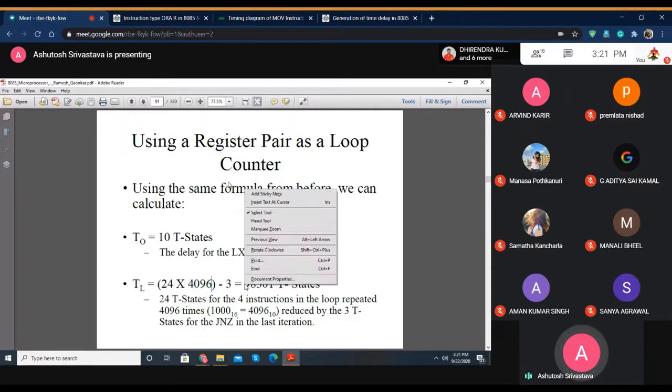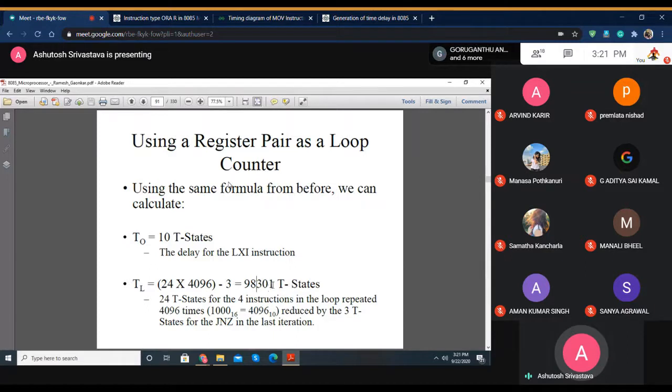So this is the inner loop, 98,301 plus 10, which is 98,311 T states. Yes or no? Yes, sir.